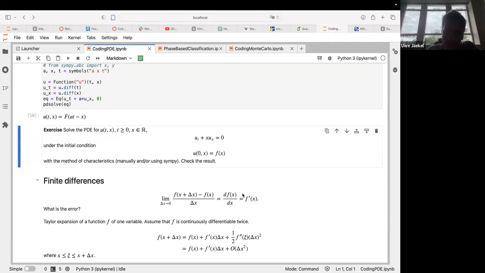Everywhere, what we can do is introduce a regular grid of grid points and evaluate the function at certain grid points. But at the same time, we have to evaluate the derivatives at certain grid points. And so we have to ask ourselves, when we know the function, how can we find the derivative?